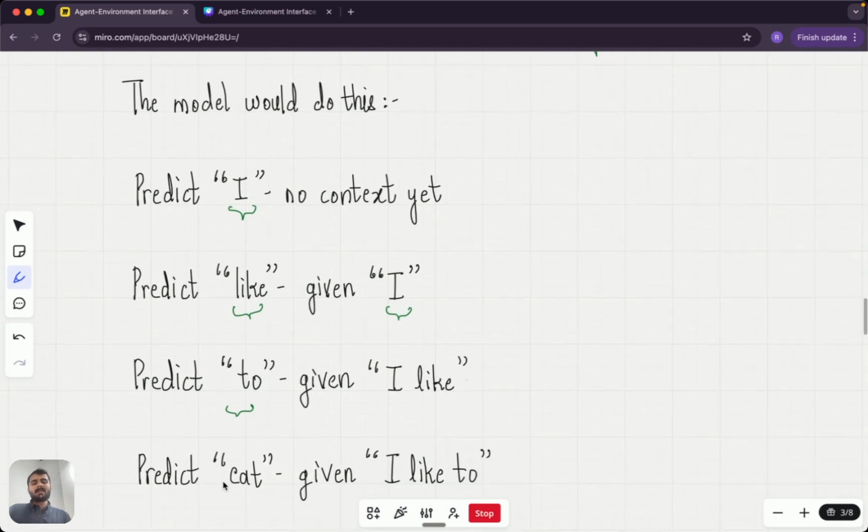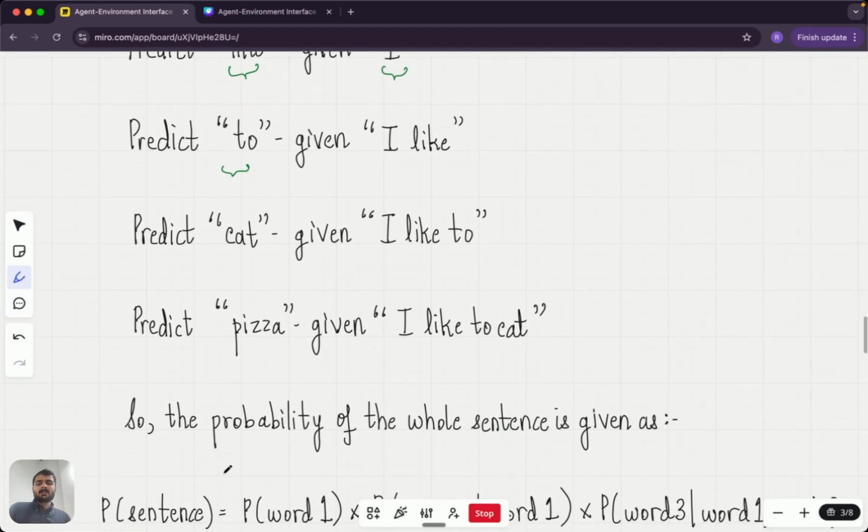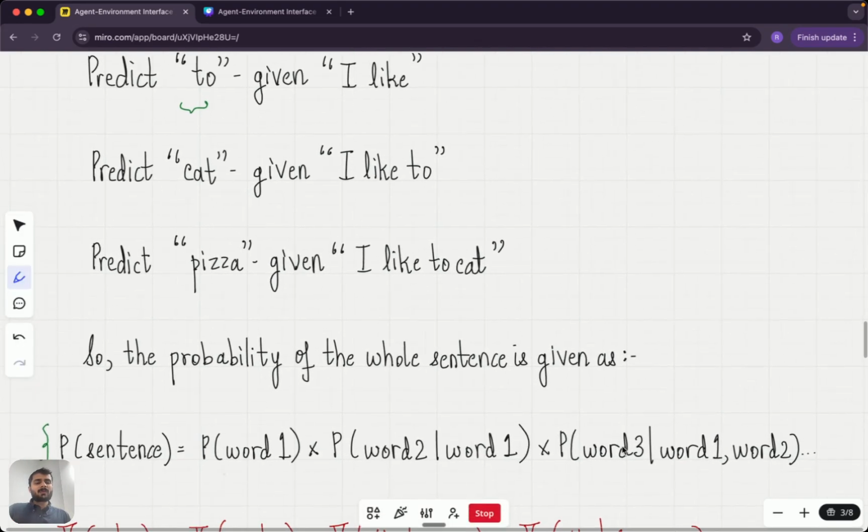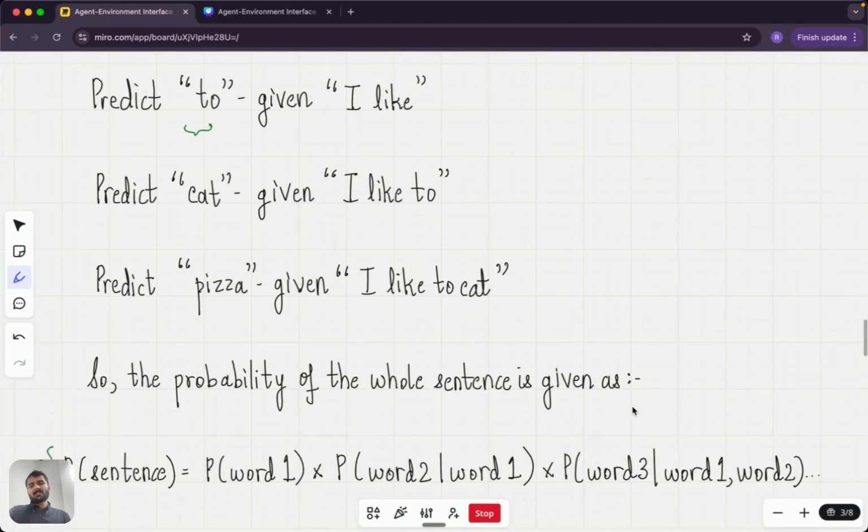Then it will predict "eat" given "I", "like", and "to". Now this can be expressed mathematically as the probability of the entire sentence being the probability of the first word, "I", times the probability of the second word given the first word, "like" given "I", times the probability of the third word given the first and second words, etc.